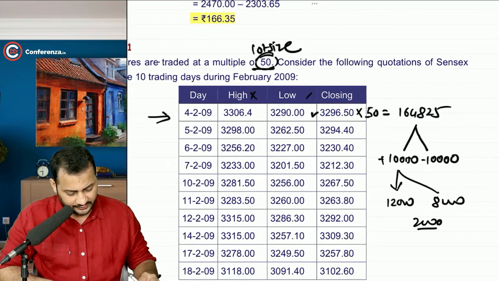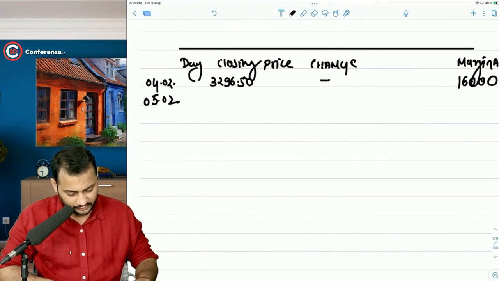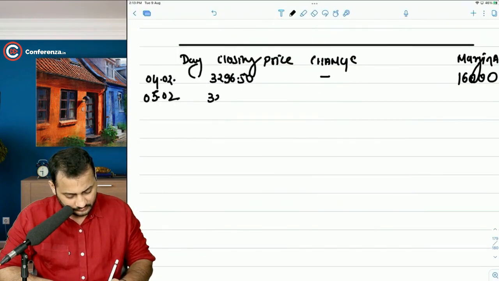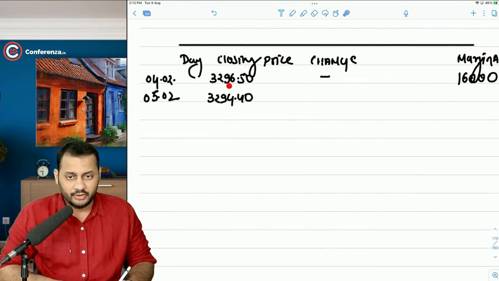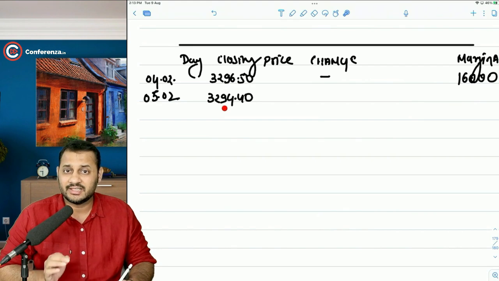Let's take the second date, 5th of February. Now what is going to happen? 3294.40. So this is the closing balance. Now understand, it was 3296.50 when you went long on this. Now it is 3294.40. That means it has reduced.